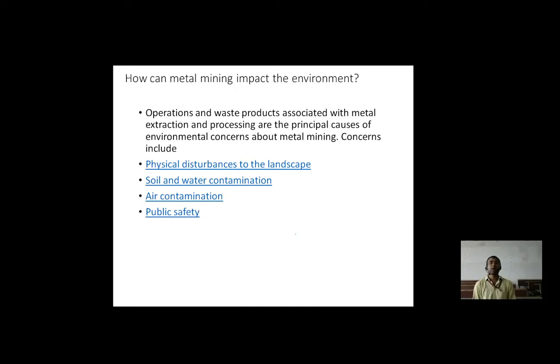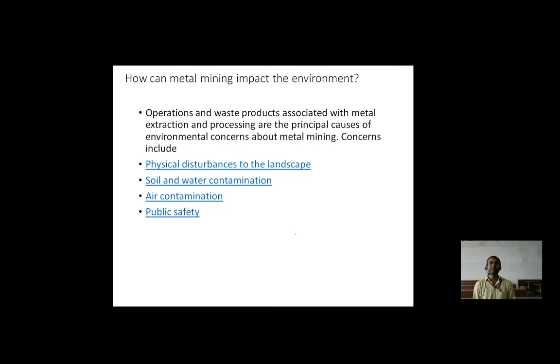So what are the impacts on the environment? How can metal mining impact the environment? As we talked earlier, metals come from earth sources.